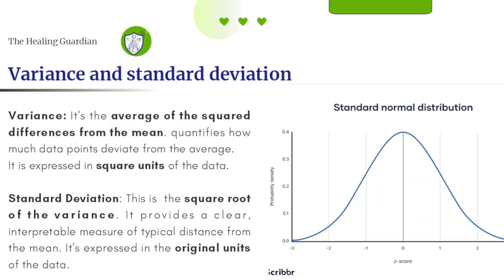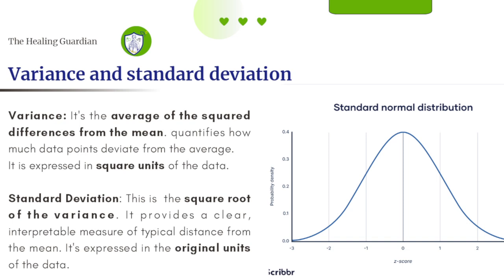Variance and standard deviation. Many times variance and standard deviation is what we apply most in biostatistics, in dealing with research and inferential statistics. With variance and standard deviation, we are using the mean to measure the spread. So we take it that the mean is in the middle.